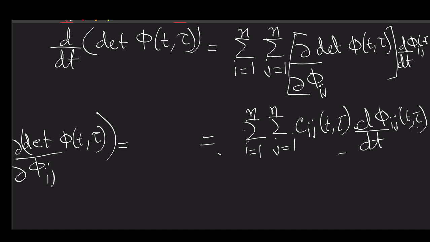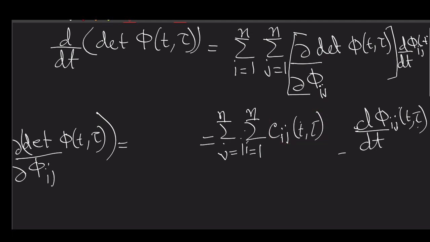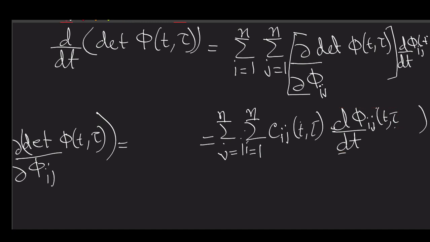What I'm trying to say is we can do it like, well, we just need to make this one j and this one i.